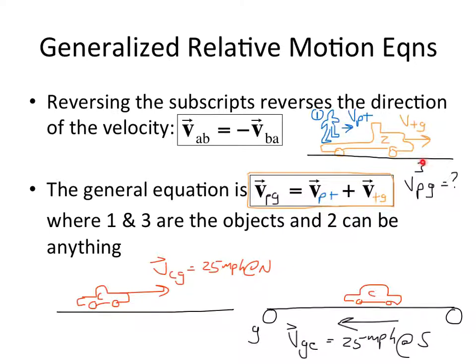So see how that plays out. Velocity 1 to 3 equals velocity 1 to 2 plus velocity 2 to 3. That's what's going to be driving all this, and it's that principle that we're going to employ in this next example 4.5-1.